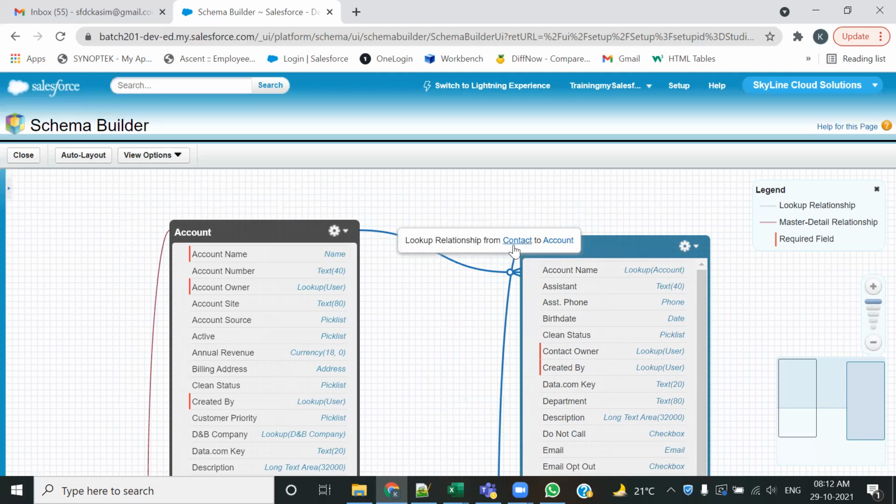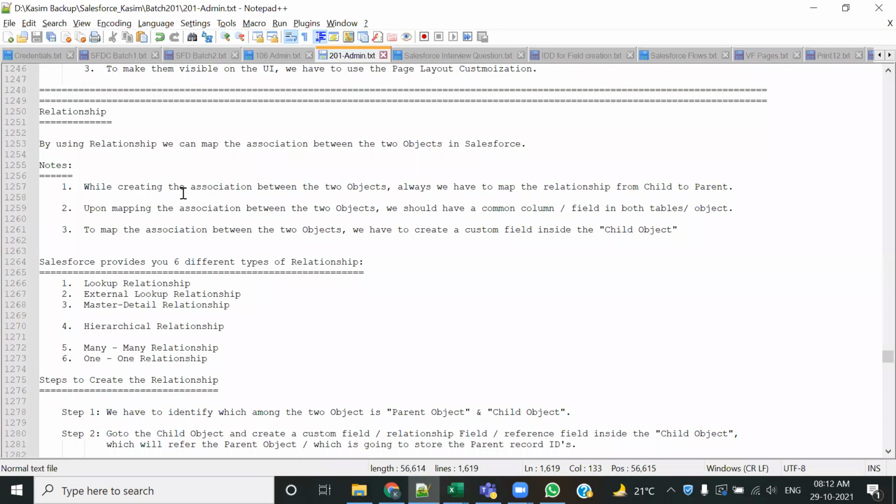Here you could see that the first is the name of contact and the second is the name of account. So you could understand that contact is the child and account is the parent. So this is the first thing we should know: while we are describing a relationship to someone, relationships are always described from the child to the parent. The first name we should take is the name of the child, and second is the parent.